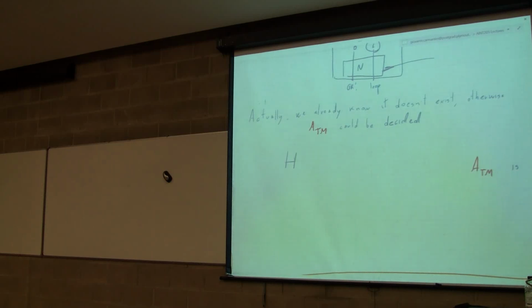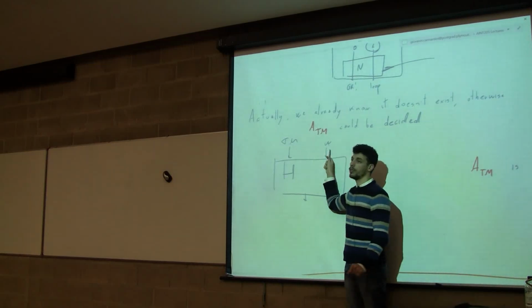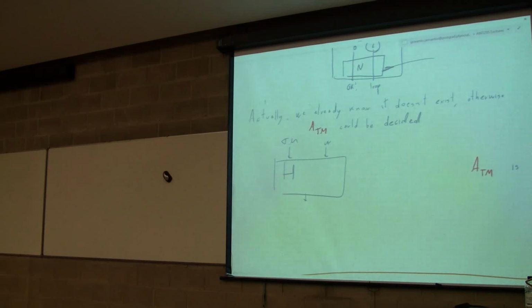Why is that? Well, it's easy. So, instead of running, okay, you have a TM, you have some string. H will tell you if the TM will halt with W. Well, if it doesn't halt, then reject.